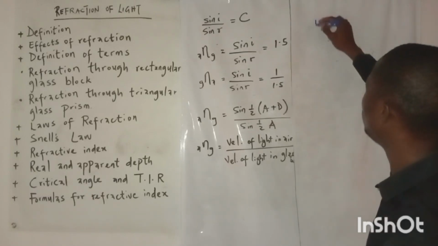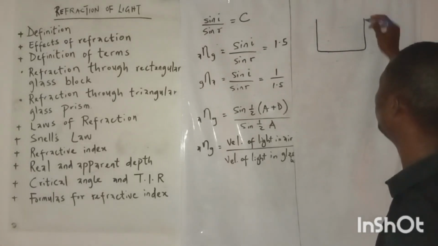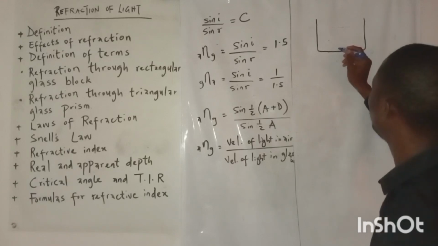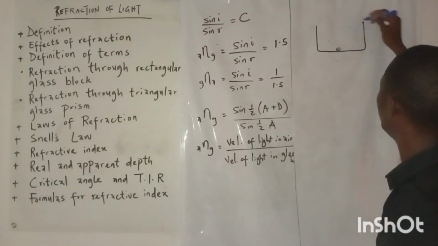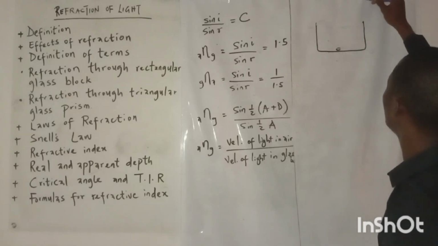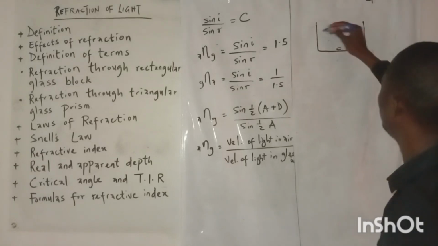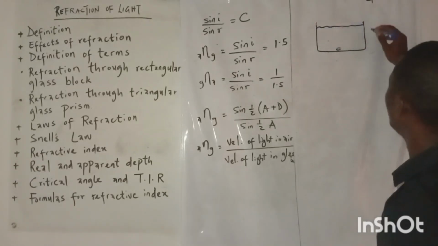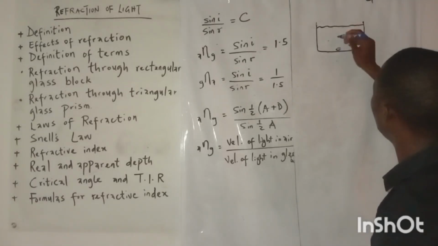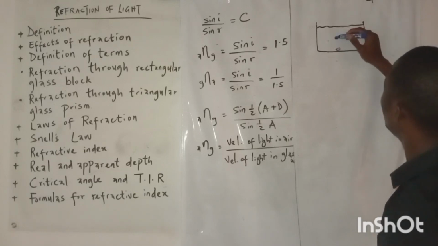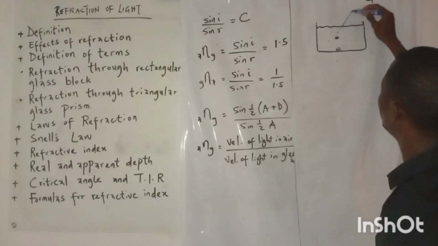In the same way, if you have this bowl and you put a stone here, and let's say this is our eye, we are to look at this stone from this point. This is the surface of the water. You will notice that this stone will appear to be somewhere above the real depth.